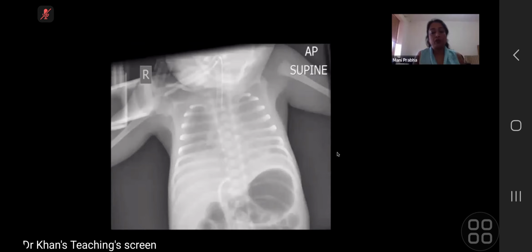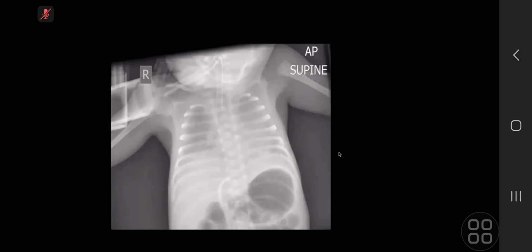So candidate number 1, please, if you would like to describe this. Okay, so frontal radiograph of a child. There's an ET tube in situ, which appears to be in appropriate position. There also appears to be an umbilical catheter.